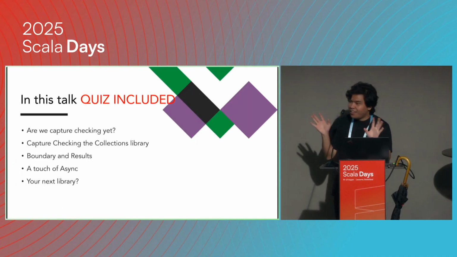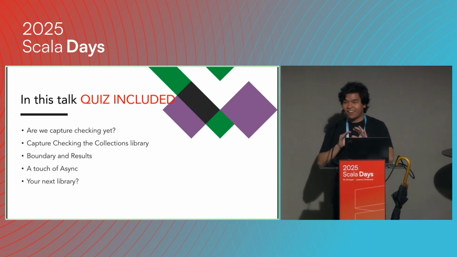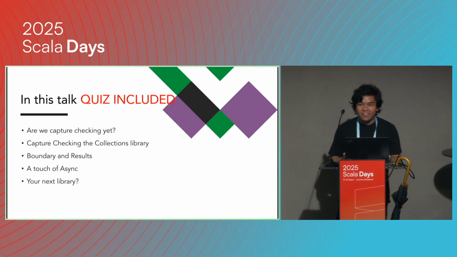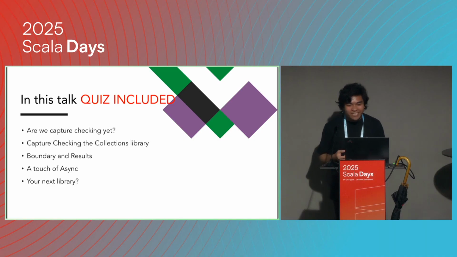So, okay, this talk is a little bit different from the others. I will have a quiz, and I'm gonna grade everyone. And so we're going through a little bit of, are we capture checking yet?